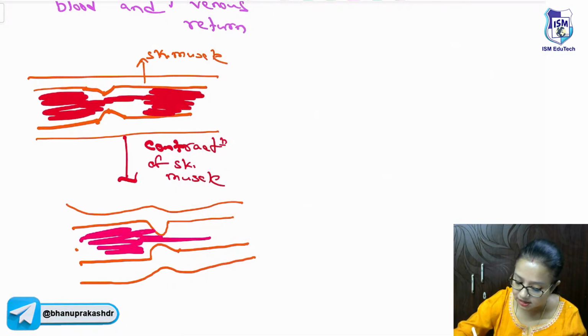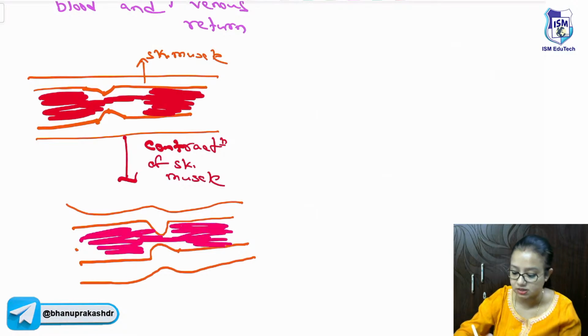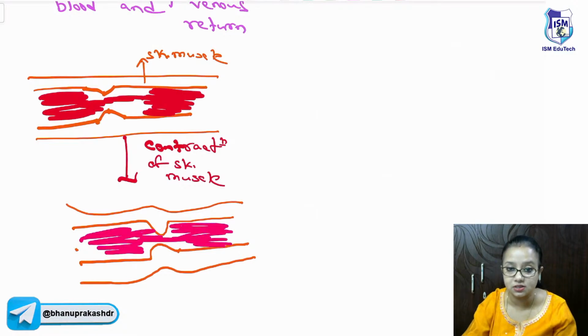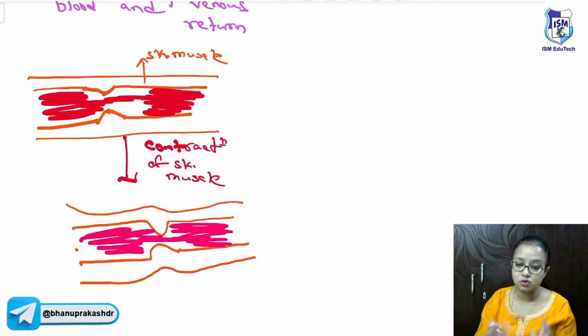So the tendency of the blood to stay in the vein is decreased. Vein pooling means when the blood is stationed or staying in one region.